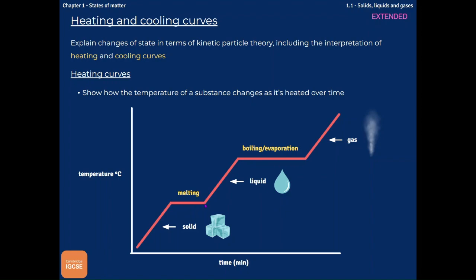After all of the ice has melted, the temperature begins to increase again. So it's a liquid here, right? This would be 100 degrees Celsius. At this point, it's boiling, right? And there's an even bigger plateau. And then once it's all a gas, the temperature begins to increase again.